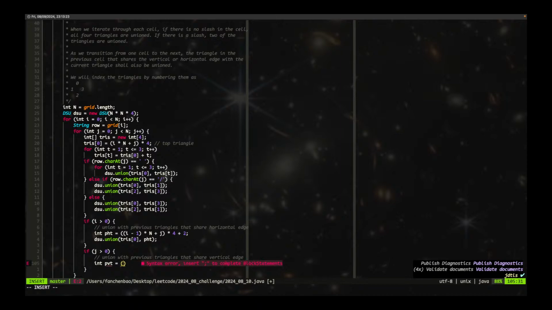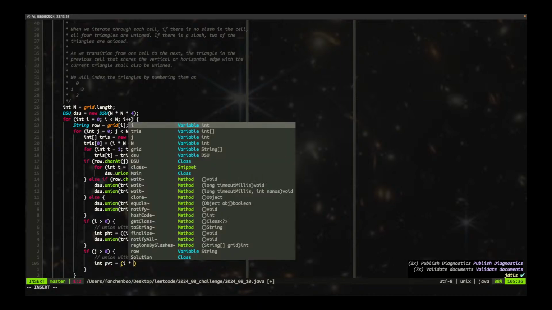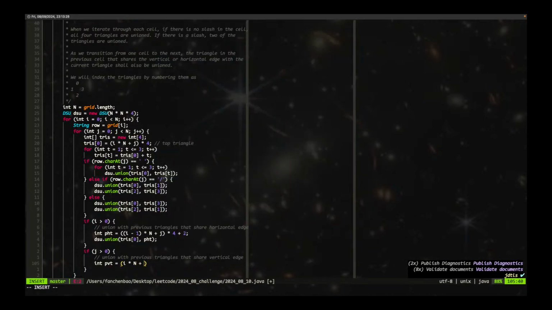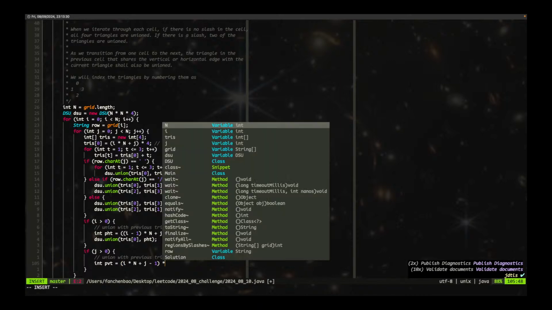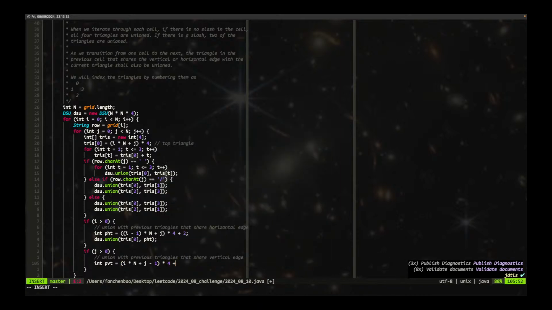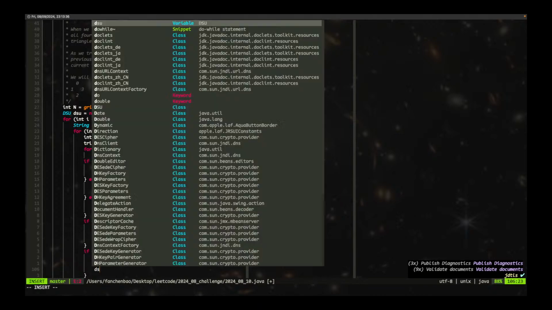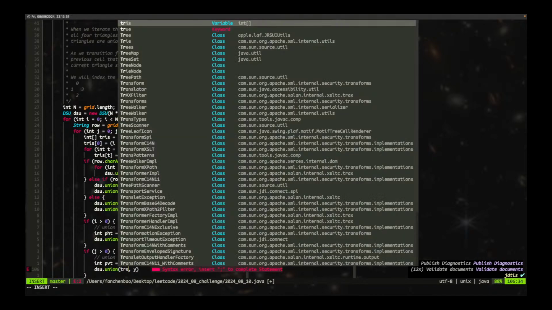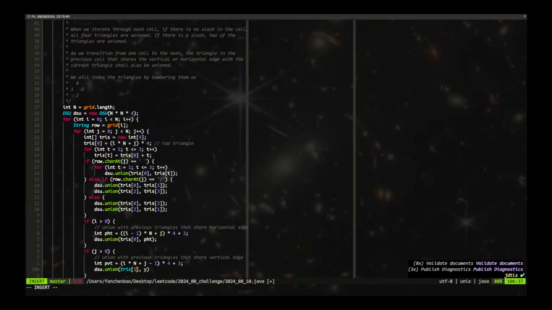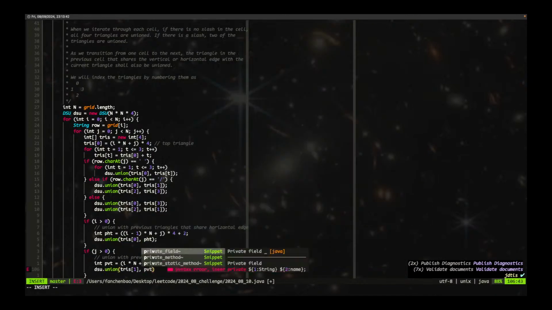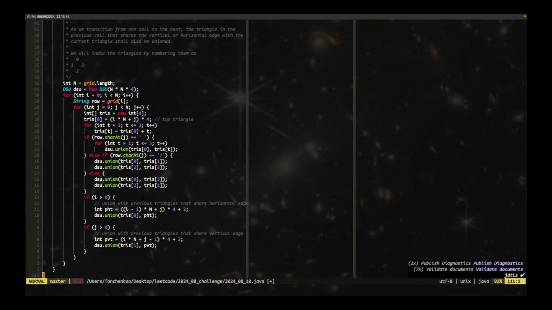I times n, it's the same row, plus (j minus 1) times 4 plus 3. And then dsu.union tris 1 with pvt. Right, so union all of this.